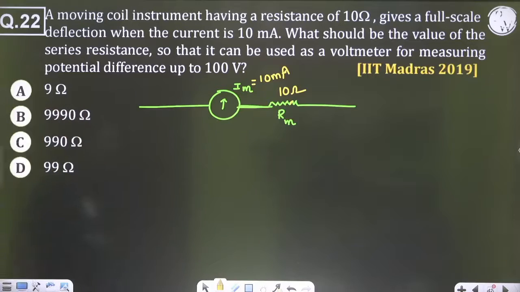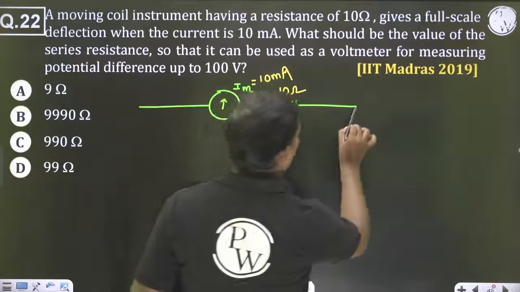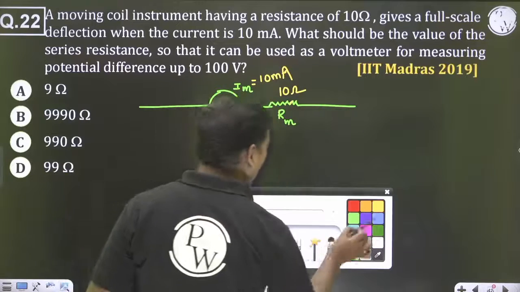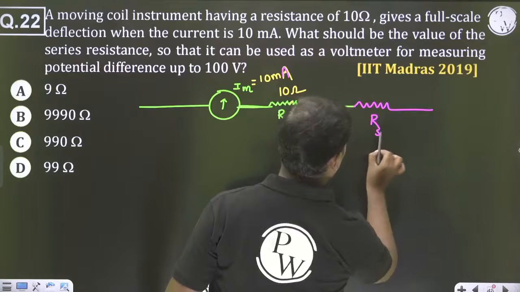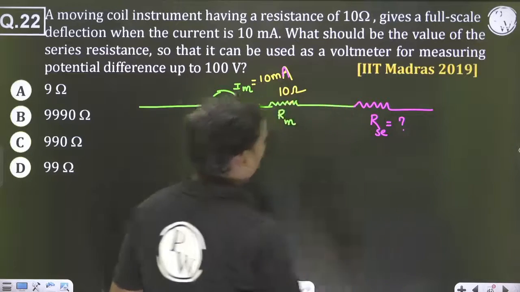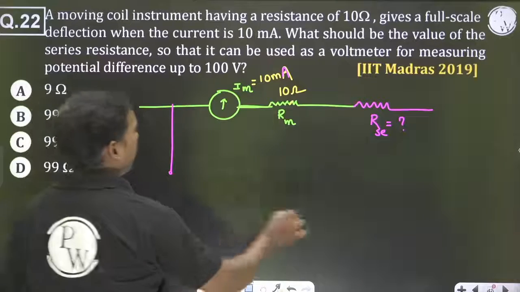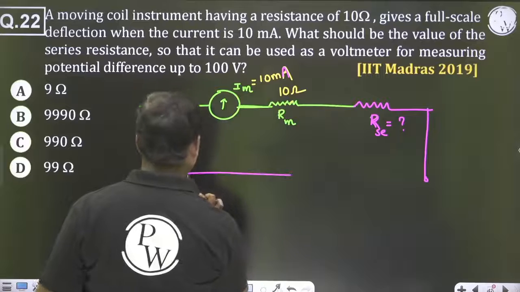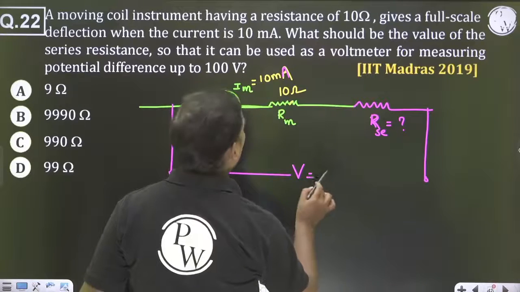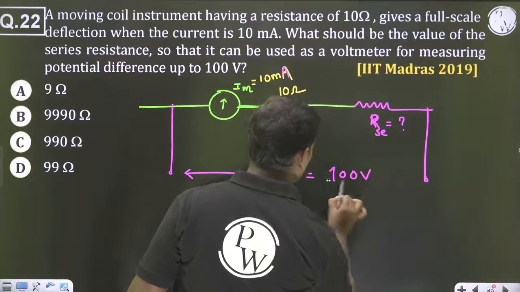The question here is, what is the value of series resistor to be added so that it can be used for a measurement of a total voltage of 100 volts?